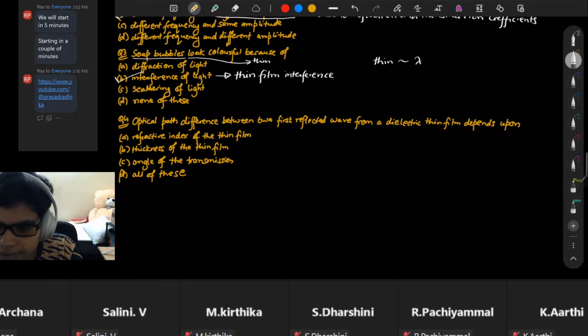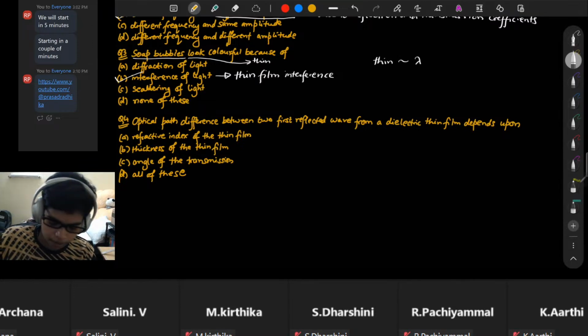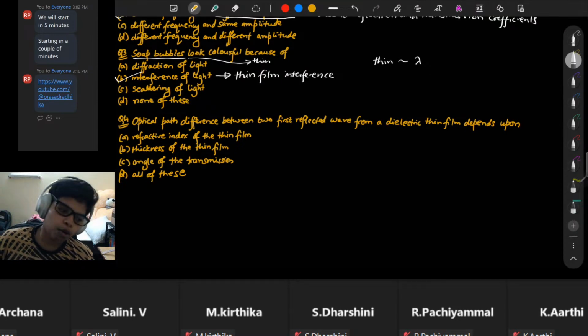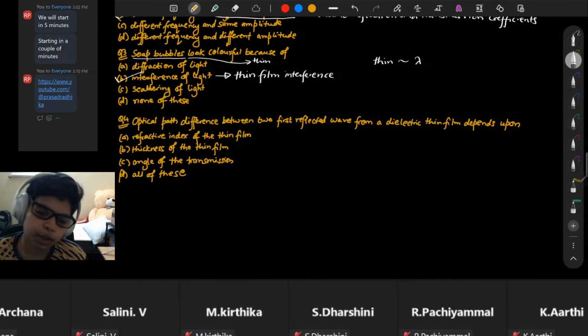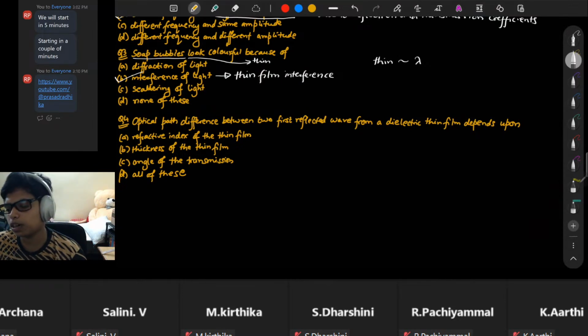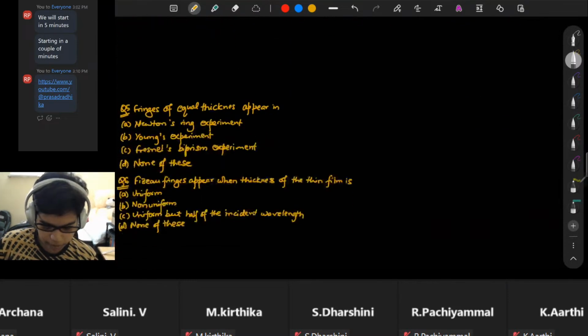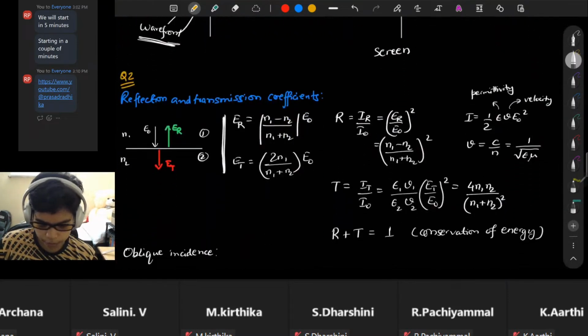What the question means when it says two first reflected waves, it means the first reflection from the top surface of the film and the second reflection from the bottom surface of the film. And we are neglecting all kinds of subsequent reflections and subsequent total internal reflections, because as you keep on reflecting the beam, the amplitude of it will keep on decreasing, as we just saw.